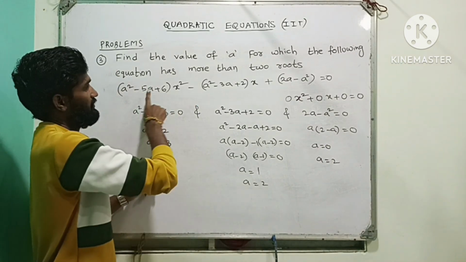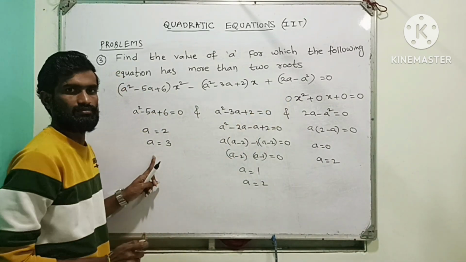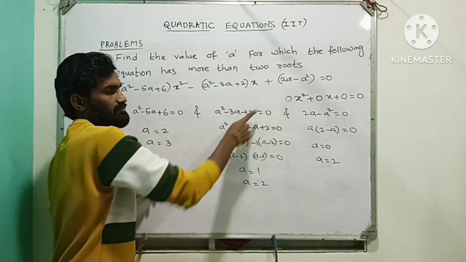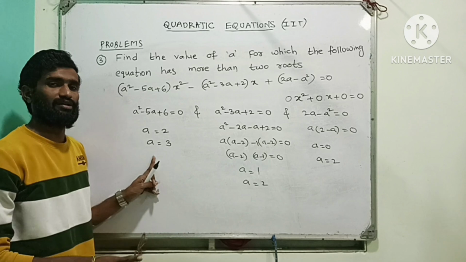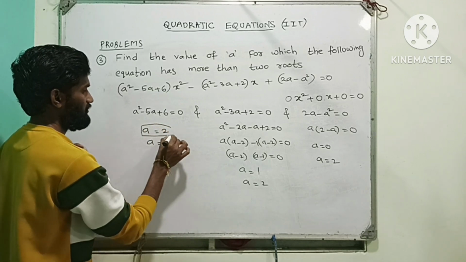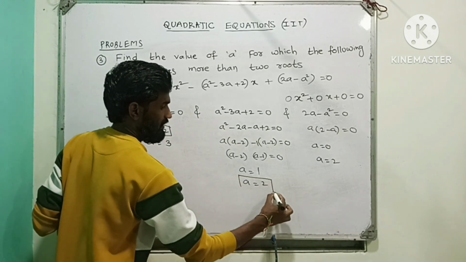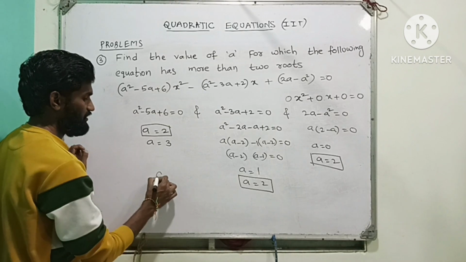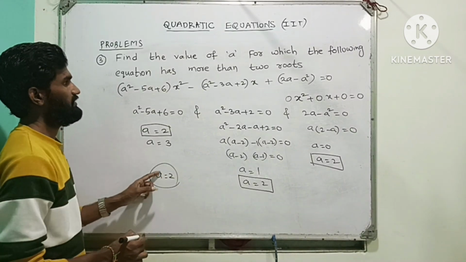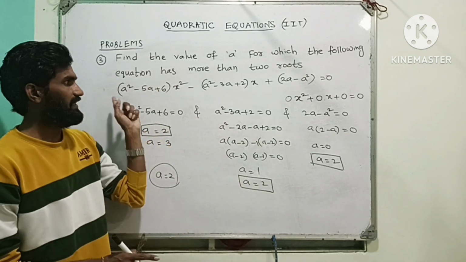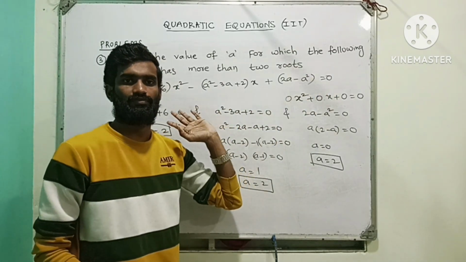This term, this term and this term, all 3 terms have to be 0 at a time. So we need to check what is the common value of a. Here the common value of a is 2. Therefore the value of a is 2, so that this equation has more than 2 roots. Simply it is an identity.